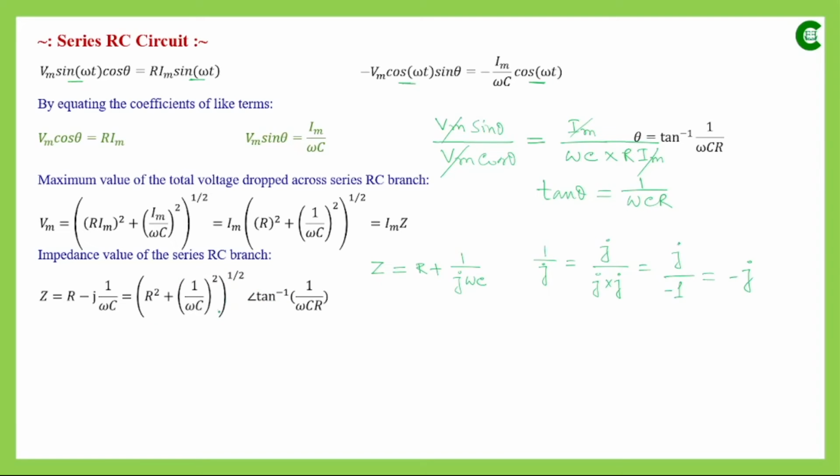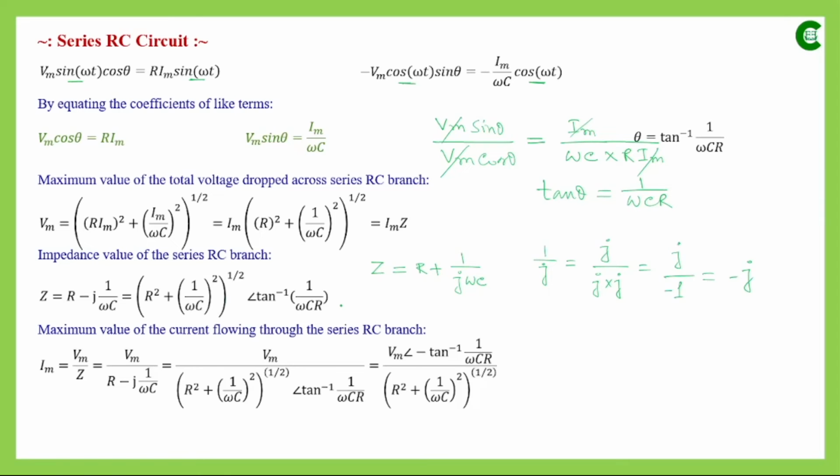Theta is the phase difference between voltage and current, which we have already found: tan⁻¹(1/(ωCR)). When solving numericals, we can straightforwardly use a calculator or online calculator to convert from one format to another. So this is the measurement of impedance.